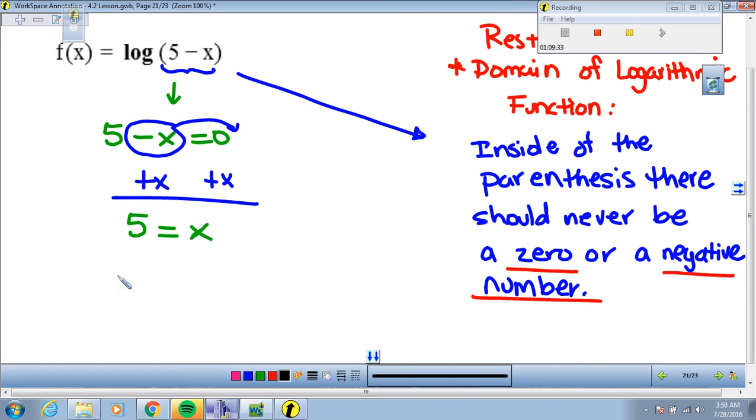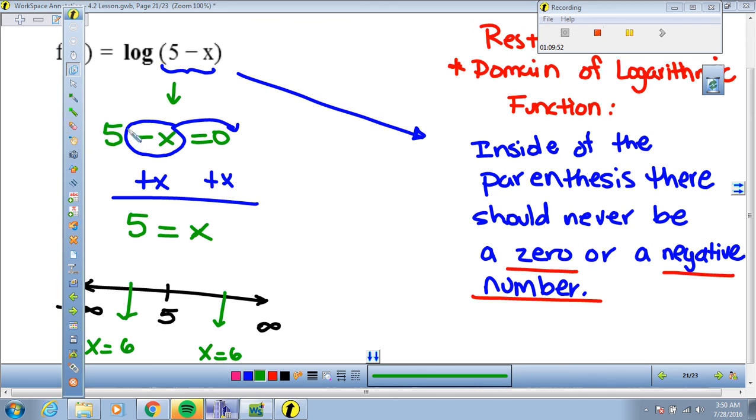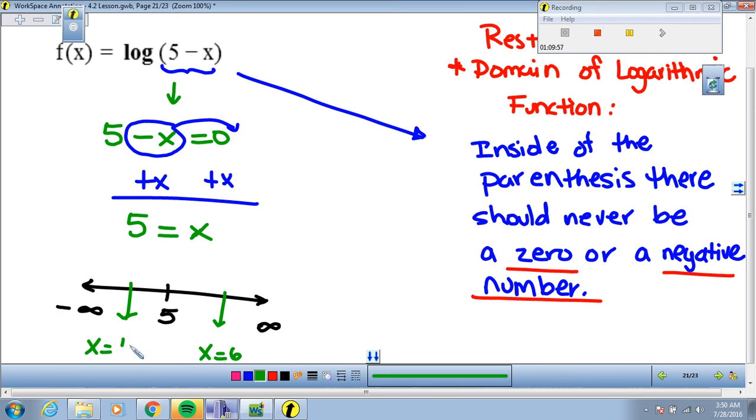Nope. You have to make a number line where you put negative infinity, positive infinity, and place the number that you got, 5. Then do test values: choose a number to the left and to the right. To the right you can choose x equals 6. To the left side, you can choose 4. And now you can do mental math.